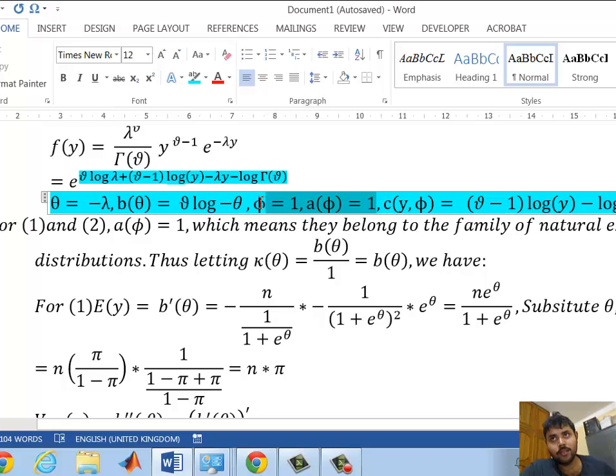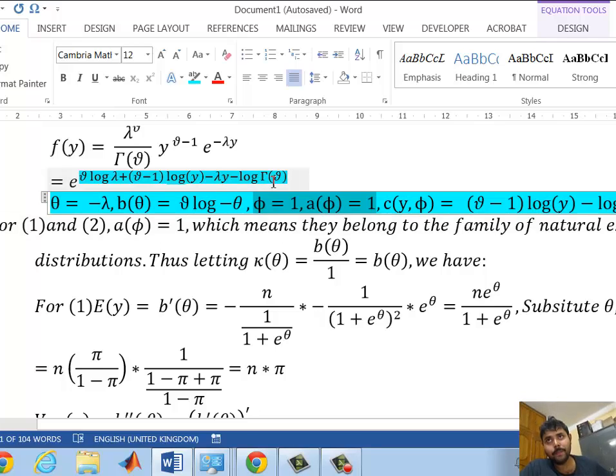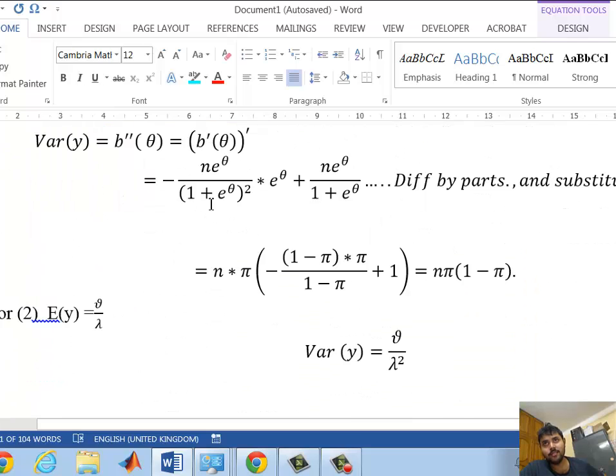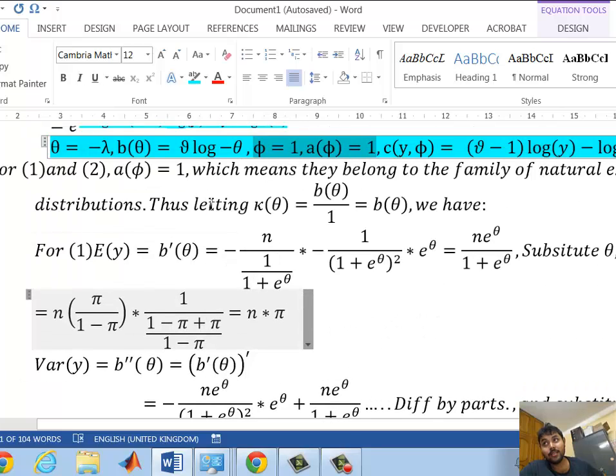The only thing is that phi and a are both set to 1. C is where we club these two terms. So why are we doing this? We are doing this for analytical ease.